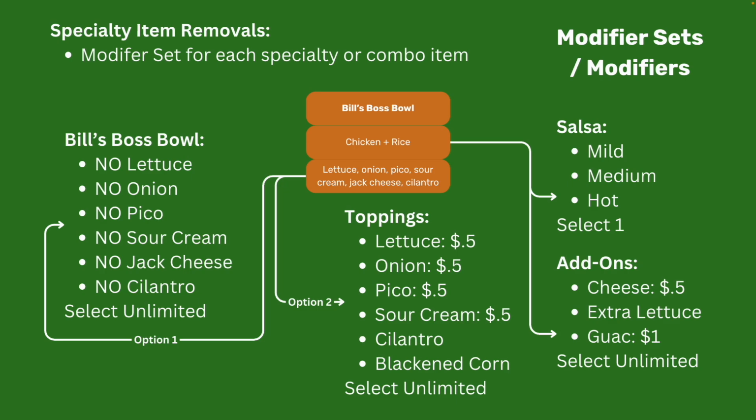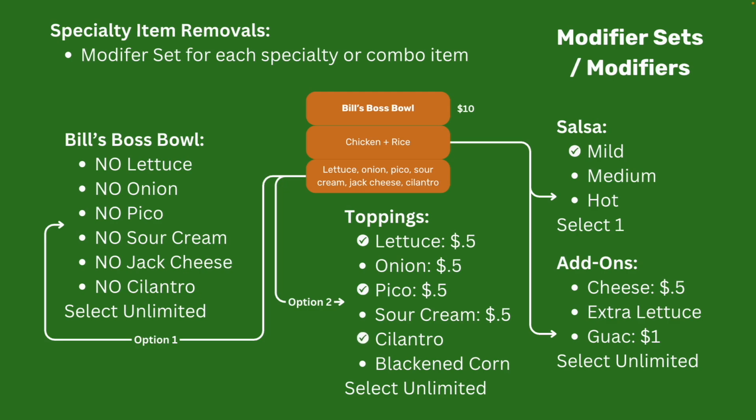Another cool thing we can do in Square is make modifier pre-selections. So let's say that Bill's Boss Bowl, the main price is $10. That's the price of the variation that you have on here, the chicken plus rice. And then let's say we make a pre-selection, and I'll show you how to do this in a minute. But let's say we make a pre-selection of mild salsa, lettuce, pico, and cilantro.